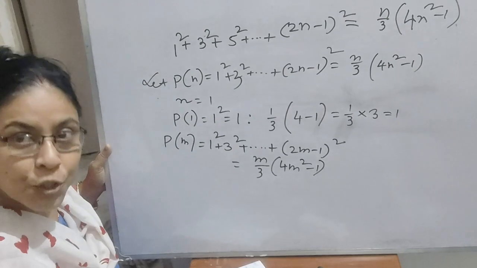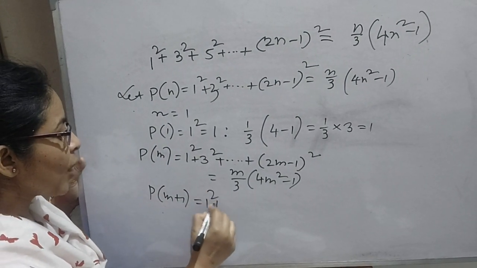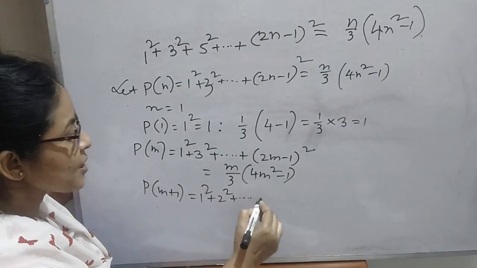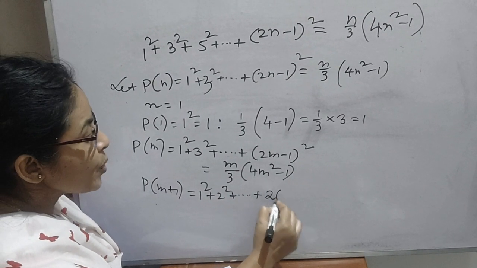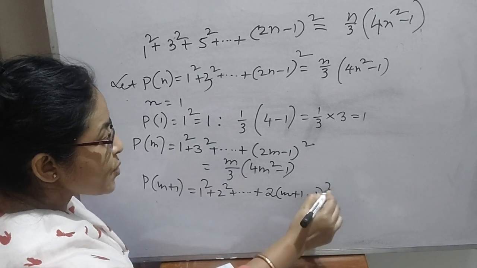Okay, we need to prove that Pm plus 1 equals 1 square plus 3 square plus dash dash dash plus (2 into (m plus 1) minus 1) whole square.